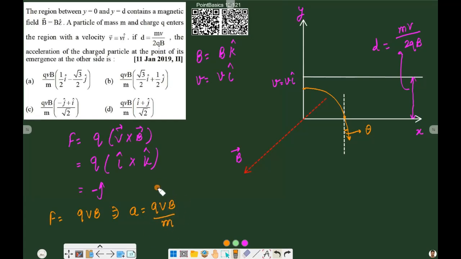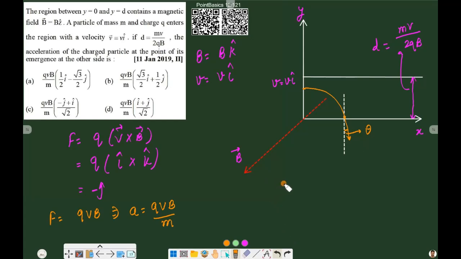So we have the magnitude of the acceleration. We just have to find its vectors, and to resolve this acceleration into vectors, we have to find this angle theta. And how can we find this angle theta? That can be easily done with the help of some mathematics.